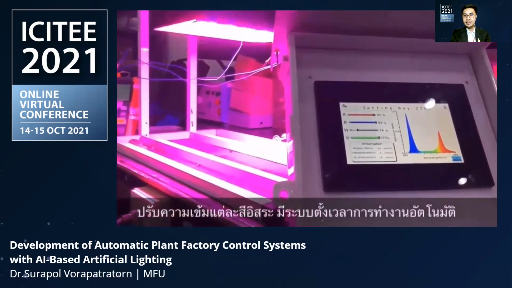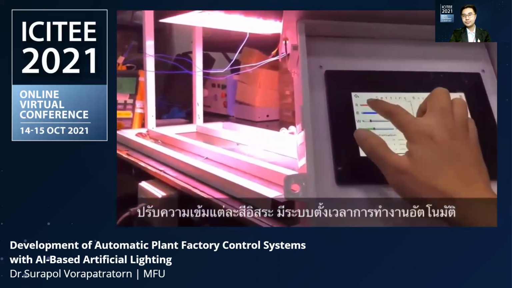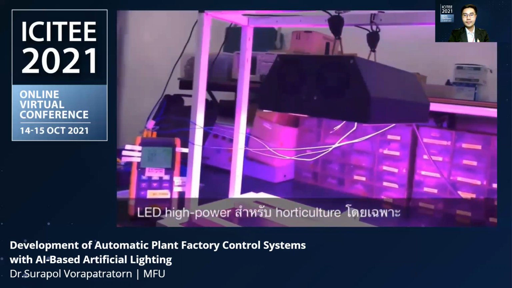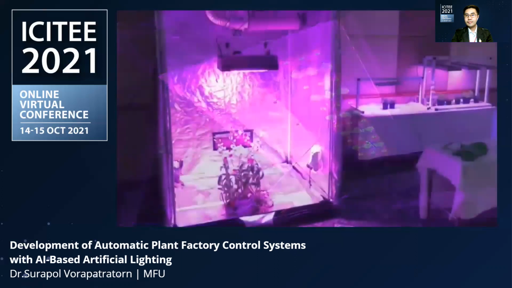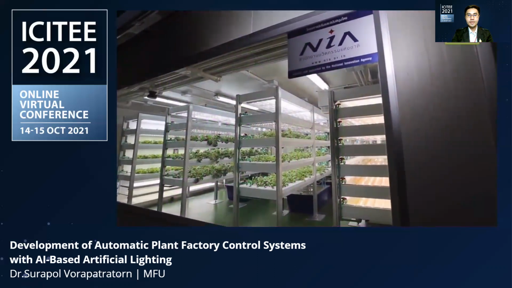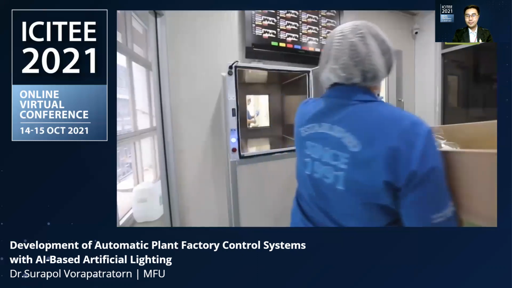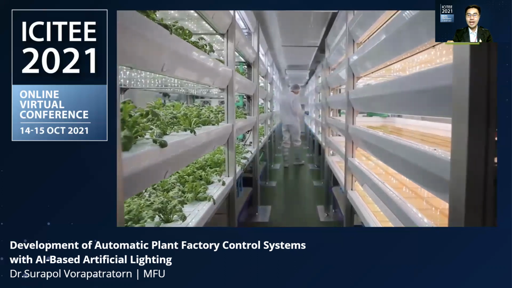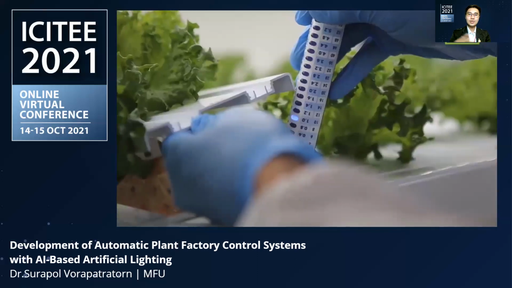You can see that each LED can be adjustable. This is our plant factory room, and this is the production line room where we plant the plants. This is an air circulation system.